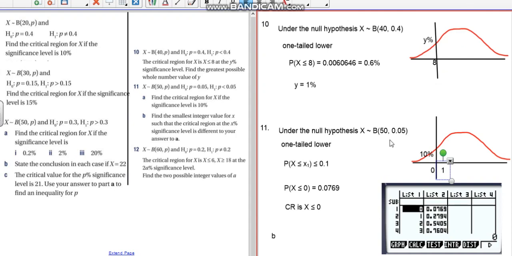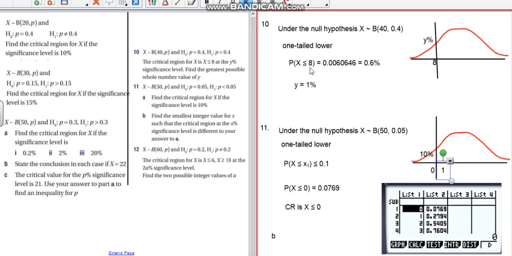Okay, so question 10. Under the null hypothesis, we get a binomial distribution of 40 and 0.4. And we're looking at one tail lower, and we get that from the hypothesis here. It says the critical region is x less than or equal to 8, and the significance level is y%, and we're trying to find the greatest value y can be.